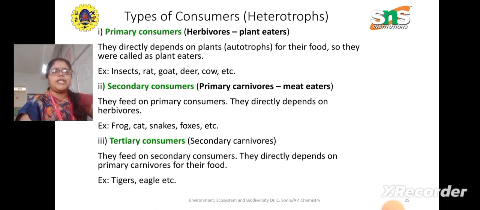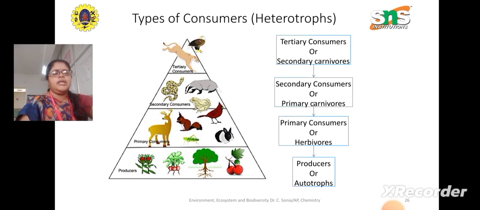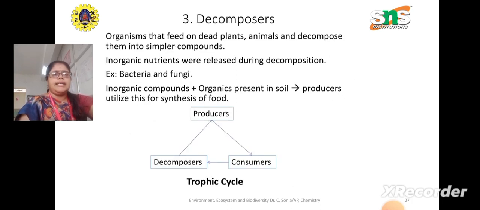They feed on the primary consumers, the herbivores. Examples are frogs, cats, snakes, foxes, etc. Tertiary consumers are called secondary carnivores. They feed on the secondary consumers, the primary carnivores. Examples are tiger, eagle, etc. This is a pyramid: it starts with the producers, the autotrophs, at the bottom, then the primary consumers, the herbivores, then secondary consumers, the primary carnivores, then tertiary consumers, the secondary carnivores.